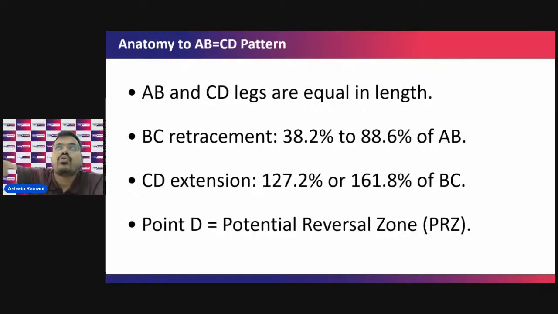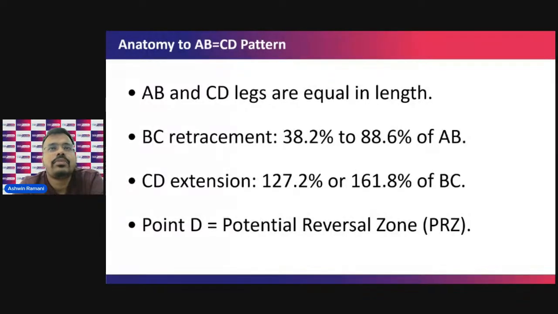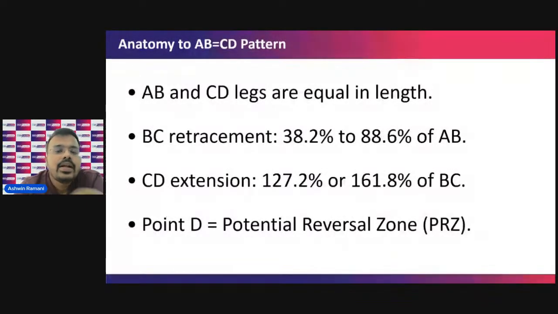The length of the D point's leg will be equal to the length of AB. We'll look at examples so that you understand more easily.